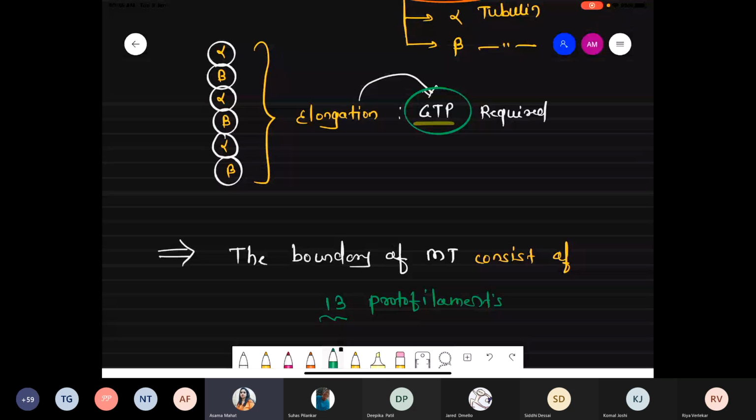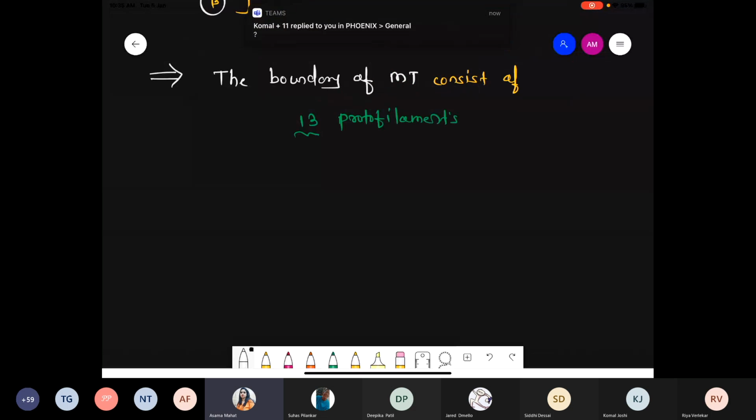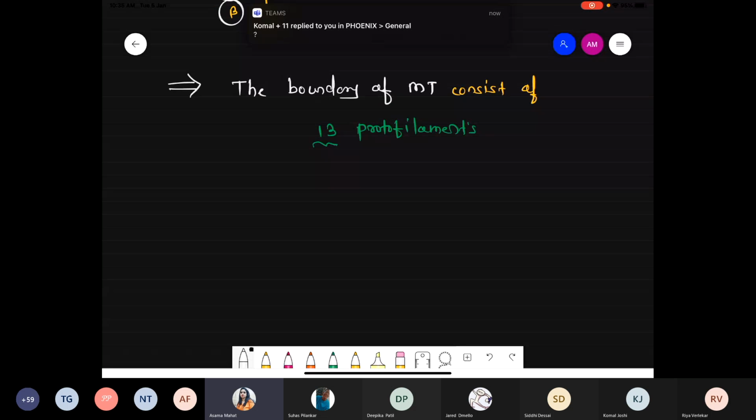So we'll try to understand. Yes, they are helically arranged. We are drawing that same diagram. We are talking about the boundary of the microtubules consisting of 13 protofilaments, and I hope you remember we already discussed that microtubules have a diameter of approximately 25 nanometers, and the internal structure is completely hollow.